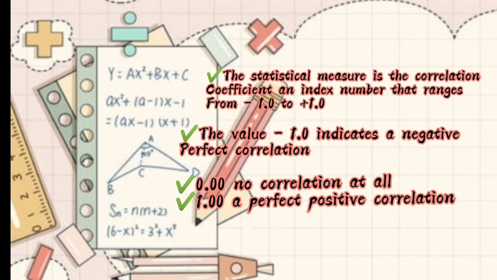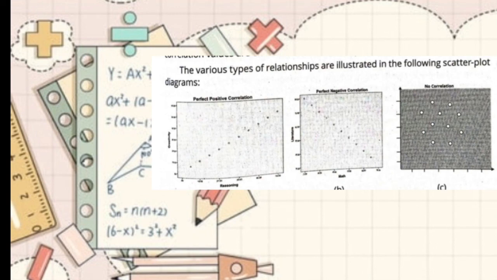Instead, the correlation values are either closer to positive 1.0 or negative 1.0. The various types of relationship are illustrated in the following scatter plot diagrams: the perfect positive correlation, the perfect negative correlation, and the no correlation.